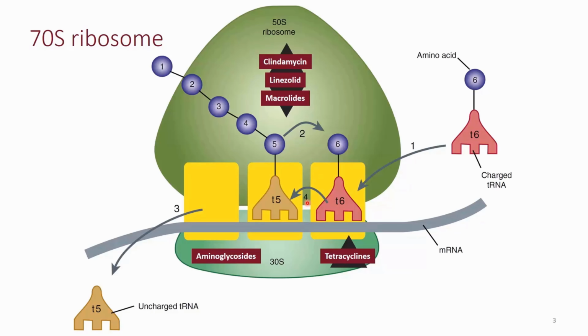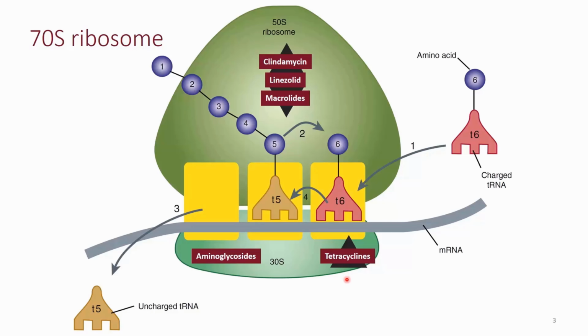Generally speaking, translation consists of initiation, elongation, and termination steps. Some of the antibiotics that are important to know are clindamycin, linezolid, and macrolides, all of which bind to the 50S ribosome and block the peptide bond formation between the different amino acids. As a result, protein synthesis will be inhibited.